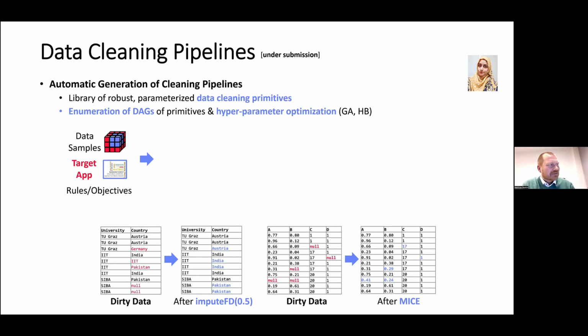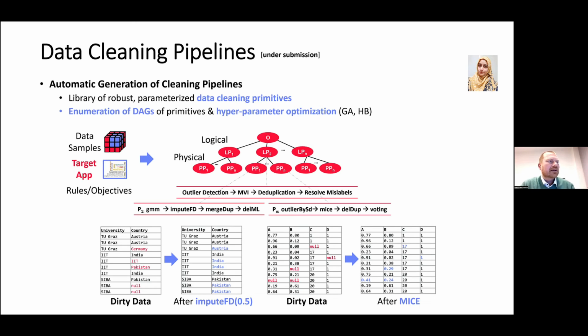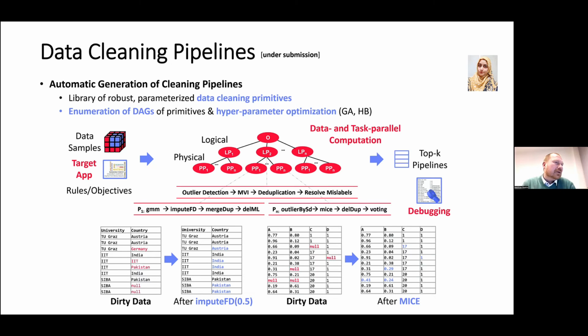Now, given an input machine learning application, we then use an evolutionary algorithm to actually compose data cleaning pipelines, so to order them, to select which primitives to use, and then use modified versions of hyperband. And initially, we also used Bayesian optimization, but meanwhile, it's really a bandit-based representation to tune the physical properties in terms of the hyperparameters of those cleaning techniques, and then show the user the top K cleaning pipelines.